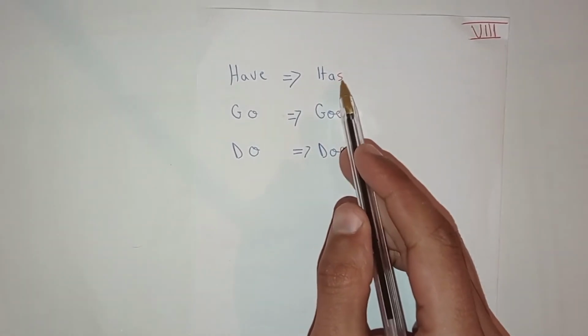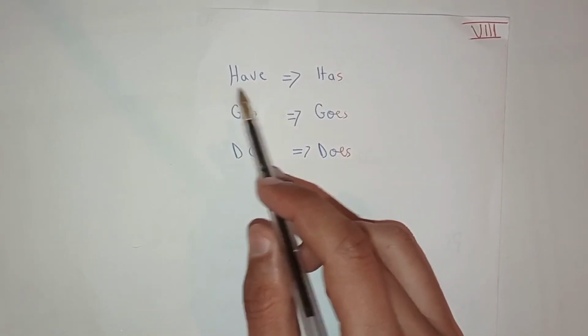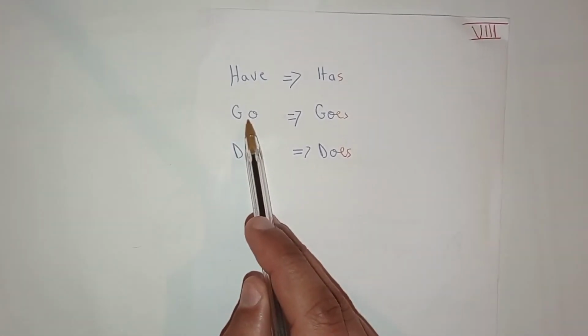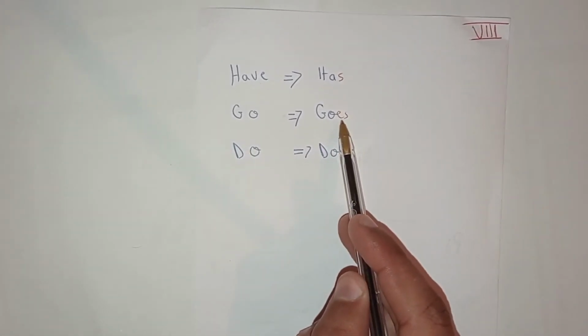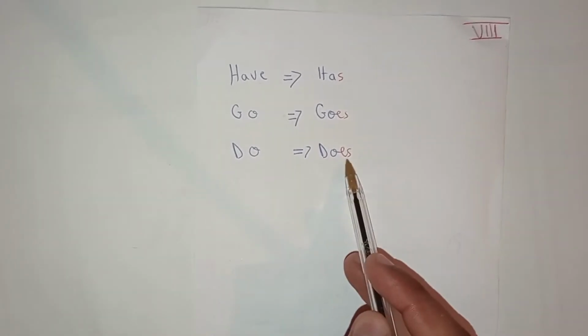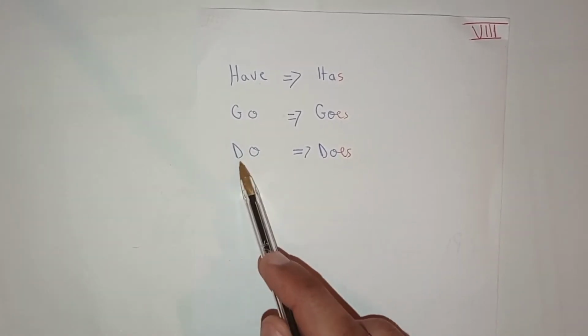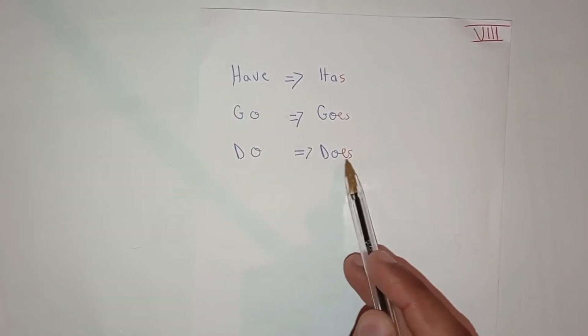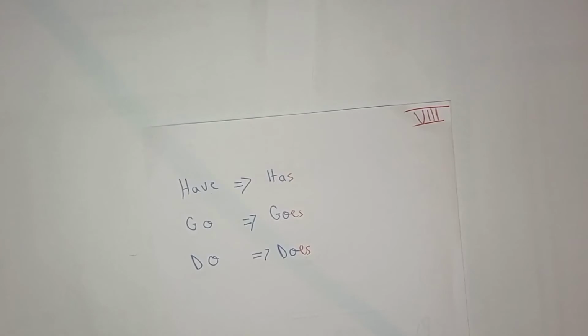Has, okay? It takes an S. I have, he has. Go becomes goes. Do becomes does in he, she, it. I do my homework. She does her homework.